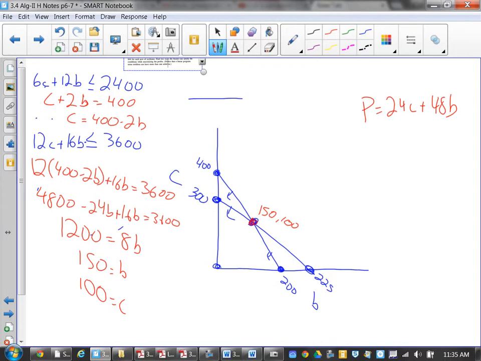I just want to say something because I messed this up earlier. You put the corn first, but the axis is soybeans, so I put the soybeans where the corn is supposed to be, and I messed up the numbers. I just want to make sure you don't do that.